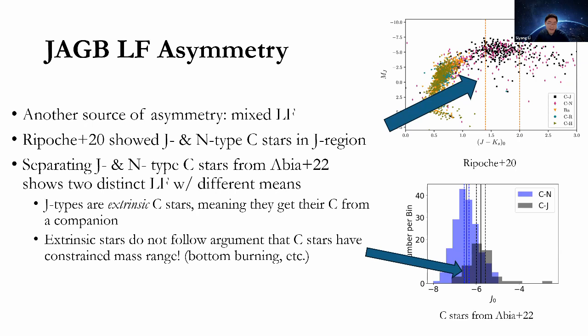If you don't have enough mass, the dredge-up events aren't efficient enough. And qualitatively, we can see this in the histograms and the luminosity functions, where the luminosity function for the J-type is less symmetric, and there's a wider range of luminosities. Whereas for the N-types, the luminosity function is much more symmetric and well-defined.